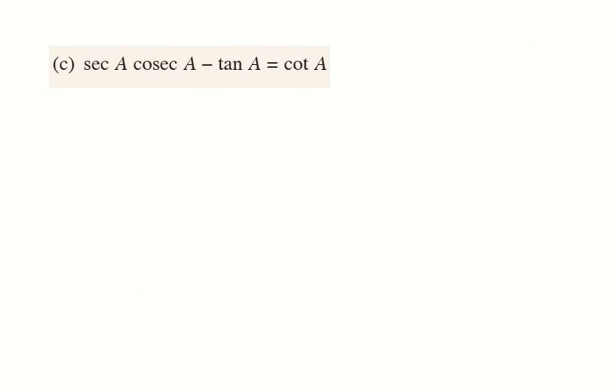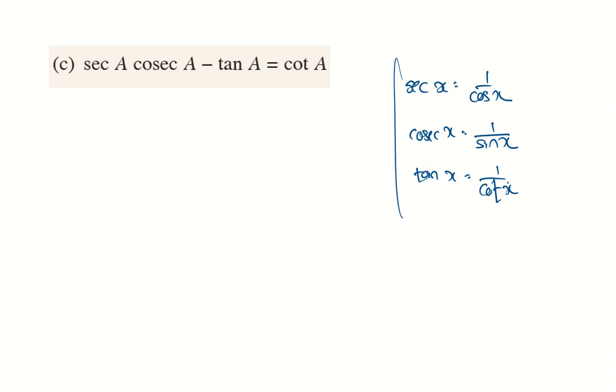Next, C. Secant a cosecant a minus tangent a equals to cotangent a. Okay, what do we know here? Secant x is 1 over cos x. Cosecant x is 1 over sine x. Tangent x is 1 over cotangent x. Alright, let's start.